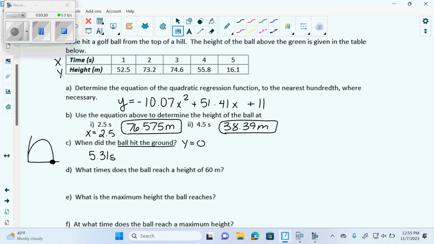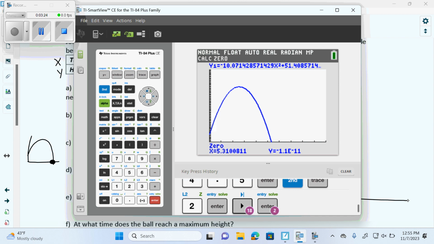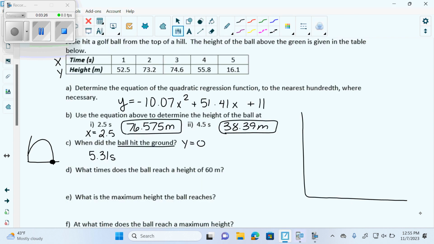So if I did my little sketch of this graph, it starts here and it goes down like that, right? So I have a graph like this. I know currently that this is 5.31. Now why am I writing these down here? Because these will help me with my domain and range, right? If I write those main points, where does time start? Yeah, 0 seconds.